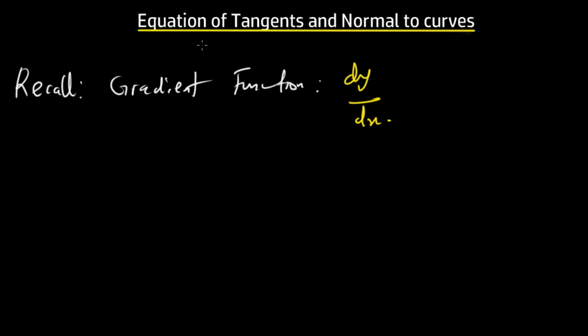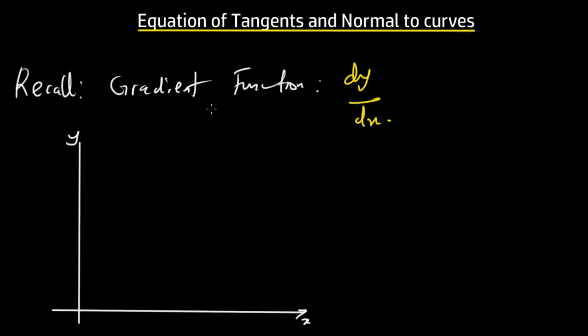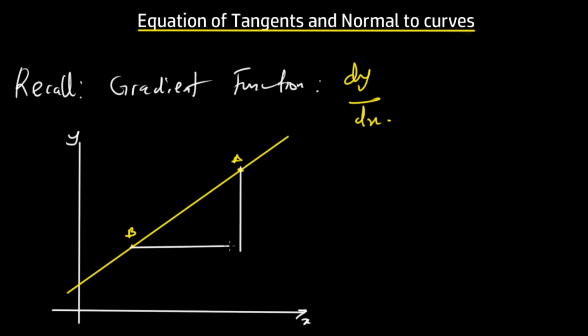What this means is that, for example, if you have a straight line, recalled from equations of a straight line, if you have the x-axis and y-axis, and we have any straight line on this graph, to find the gradient of this graph, we simply take 2 points, say point A and another point, say point B. So we can draw a triangle.